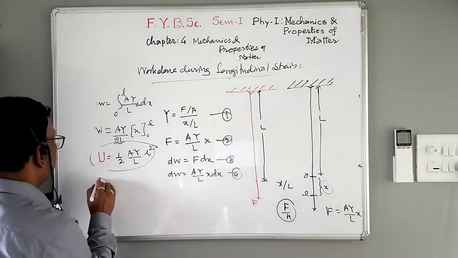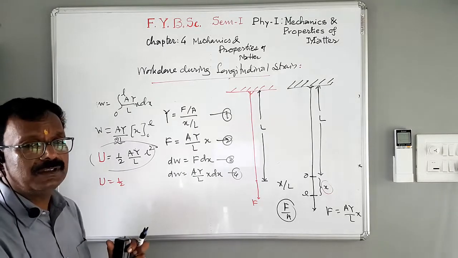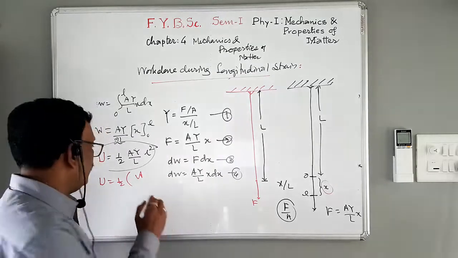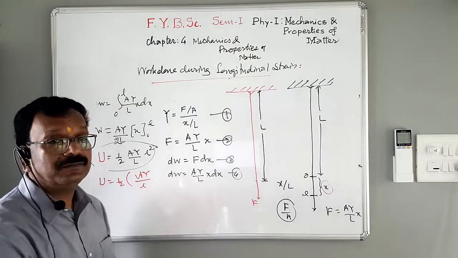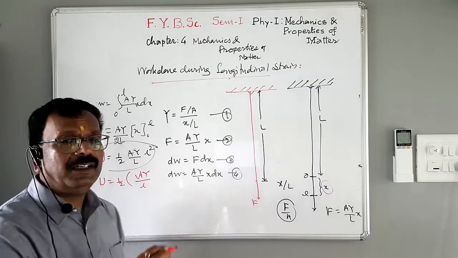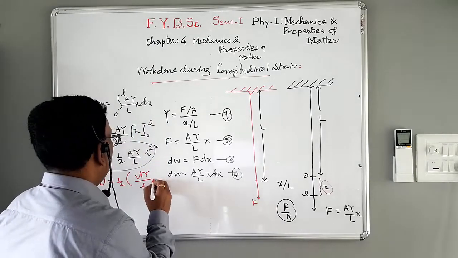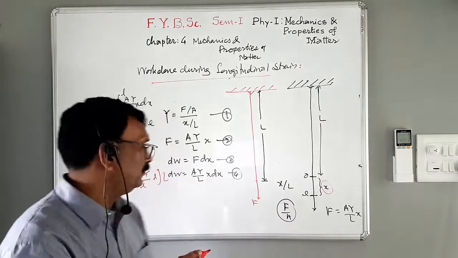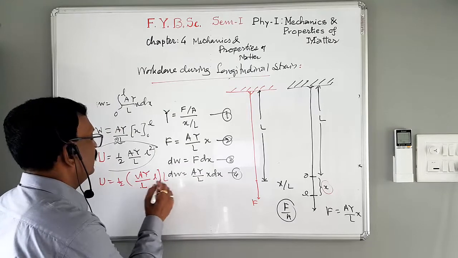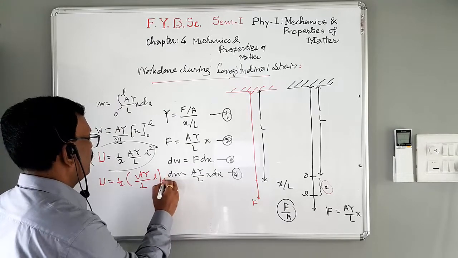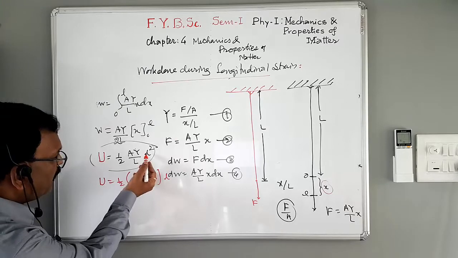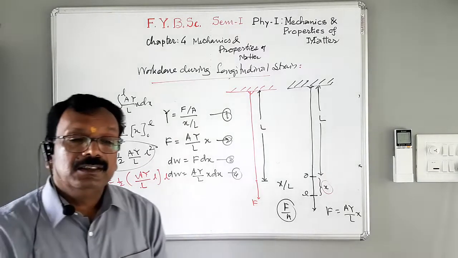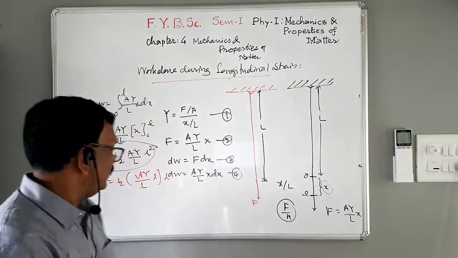Or from this we can write U is equal to 1/2 AY upon L into l into l. Sorry, this is capital L and this one is small l. Here we only split this l squared into l into l. What is this?